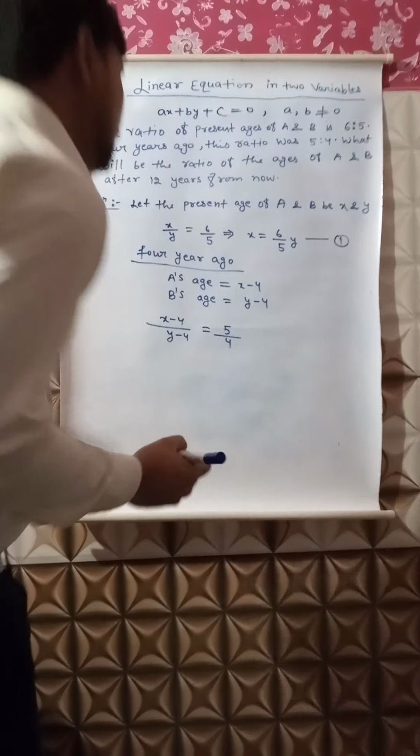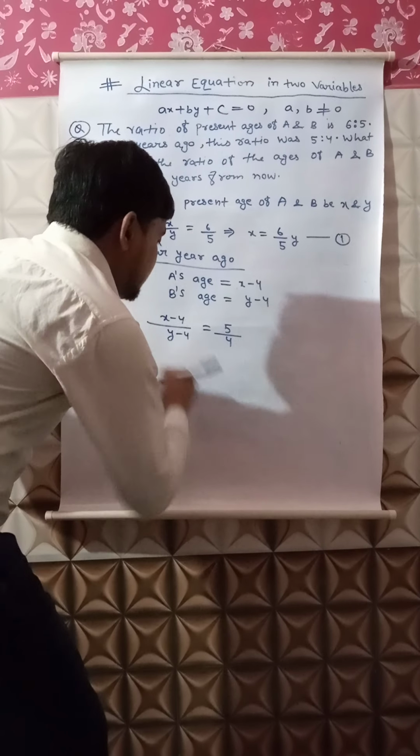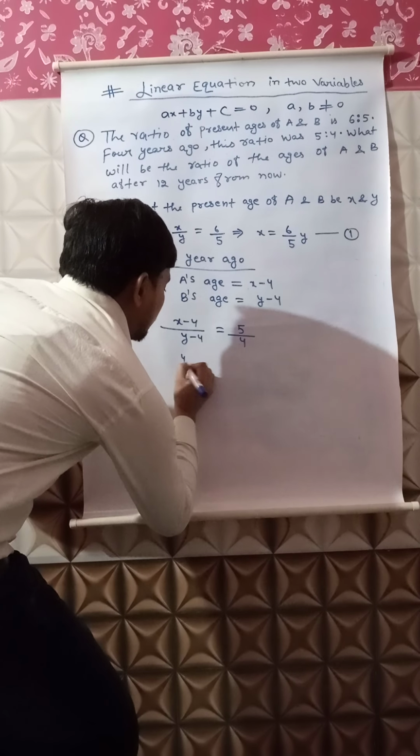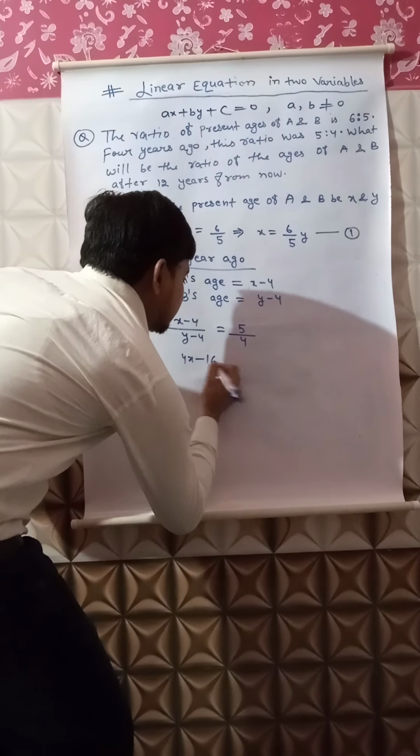So now we are going to solve this equation. So this equation will be 4x minus 16 equals 5y minus 20. Now we are taking this term to this side. 4x minus 5y, and minus 20, this term is coming to this side, so this will be positive 16.